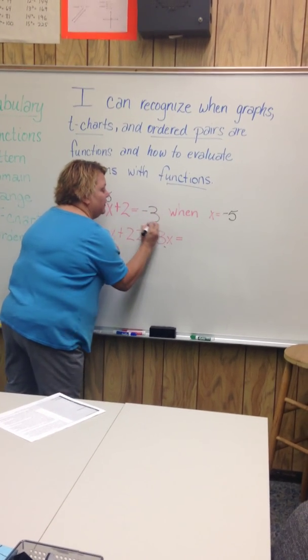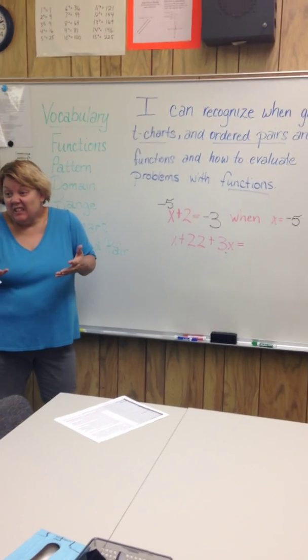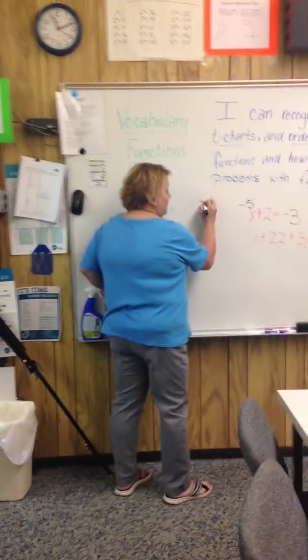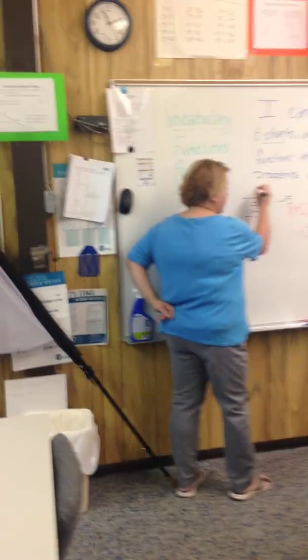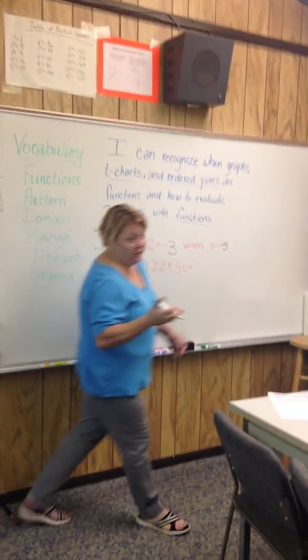Very good. One of the ways I learned to do that was just to turn it around. So negative 5, and do it this way, and you know that that's a 3, and then carry your negative there. That's one of the ways I learned how to do it.